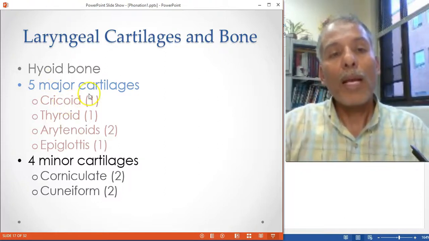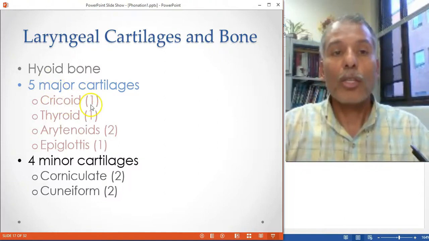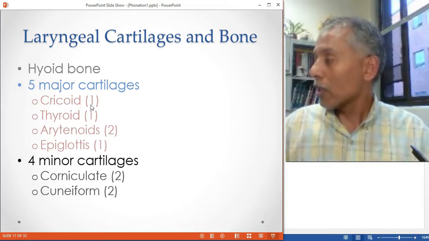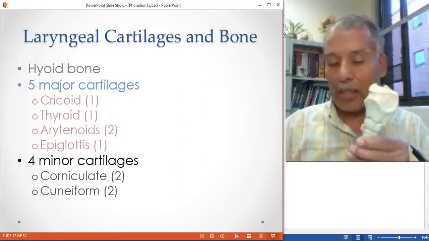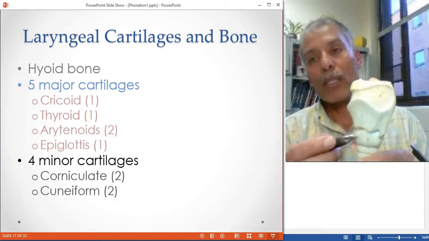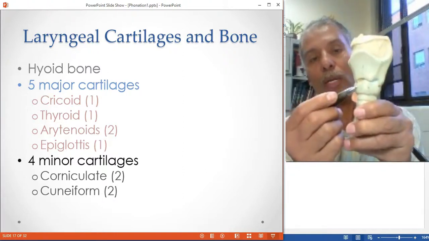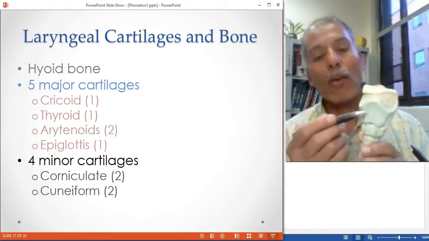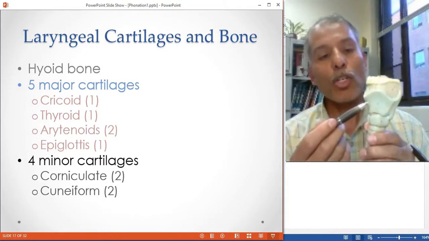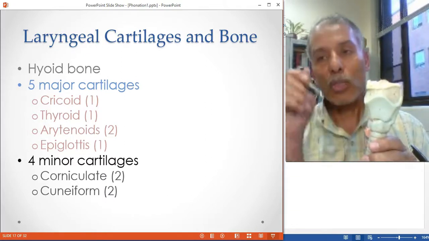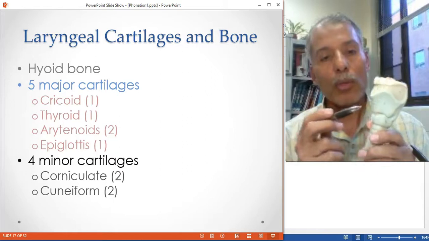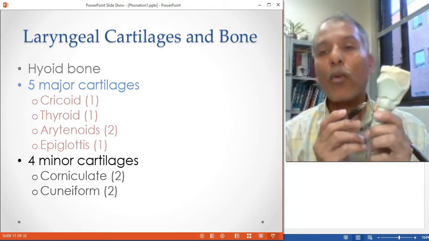So these 5 major cartilages include the cricoid, which serves as the base of the larynx, and then the thyroid, the largest cartilage, which houses inside of it the vocal folds, and the arytenoids.